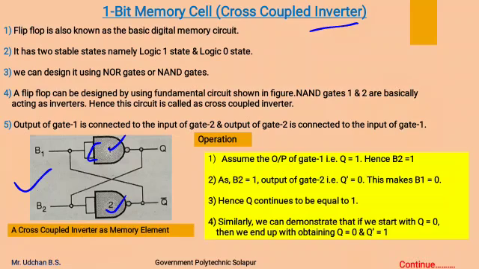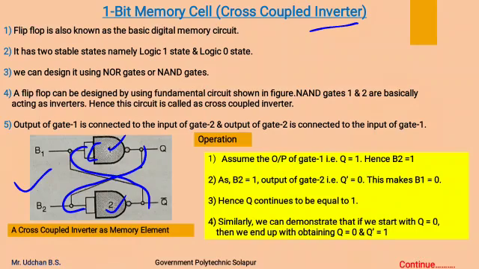Therefore, this circuit is also known as a cross-coupled inverter, as the output of gate 1 is connected as input to gate 2 and output of gate 2 is connected as input to gate 1. This is how the outputs are cross coupled. Therefore, the circuit is known as a cross coupled inverter.